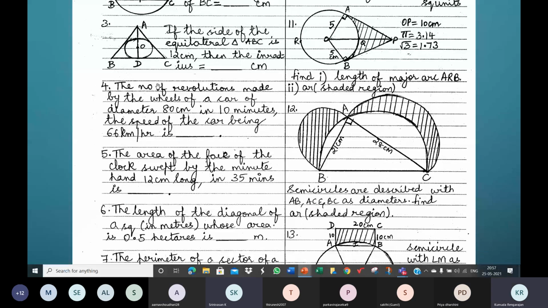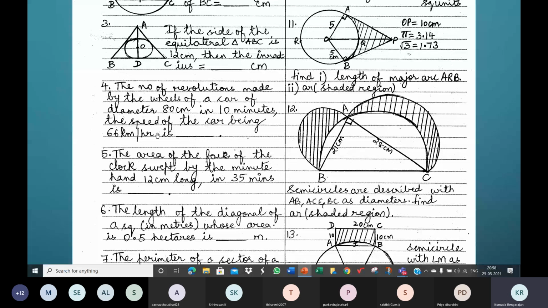Ma'am, 4375. I heard another answer. What was that? 438. This is similar to a question in NCERT, I think the first exercise, the 4th or the 5th one. Similar one we have there.